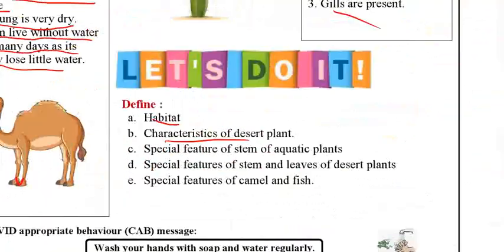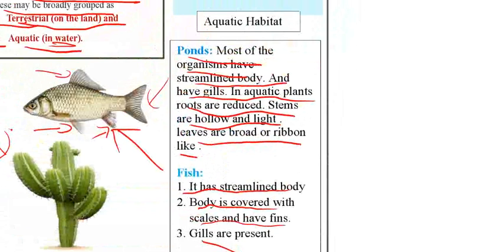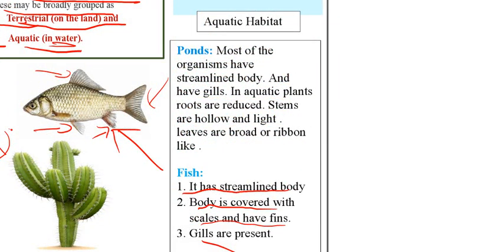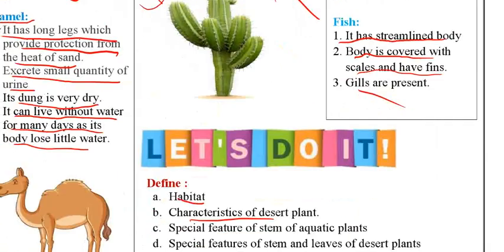What are the special features which you find in the stem of the aquatic plants? The stems are hollow and light, and this much only you have to write. Okay, and the next part is for the leaves.